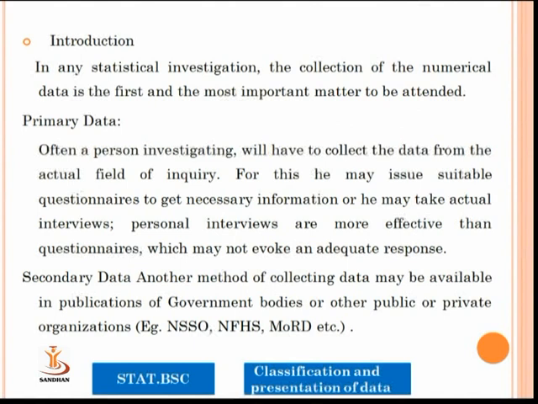Now the secondary data. Another method of collecting data may be available in publications of government bodies or other public or private organizations, as for example NSSO, NFHS or MRD.